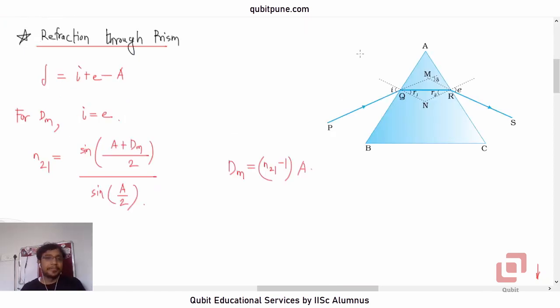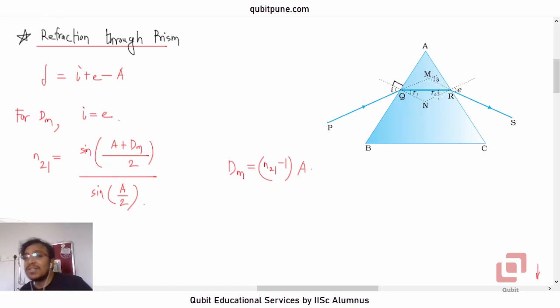Refraction through prism. So we assume a triangular prism here. Let PQ be the incident ray. Now please note that the angle of incidence here is to be measured with respect to a line which is normal to the face AB of the prism. Then it will undergo refraction here at Q, and then when it emerges out at R, it will undergo another refraction, very much like a lens.